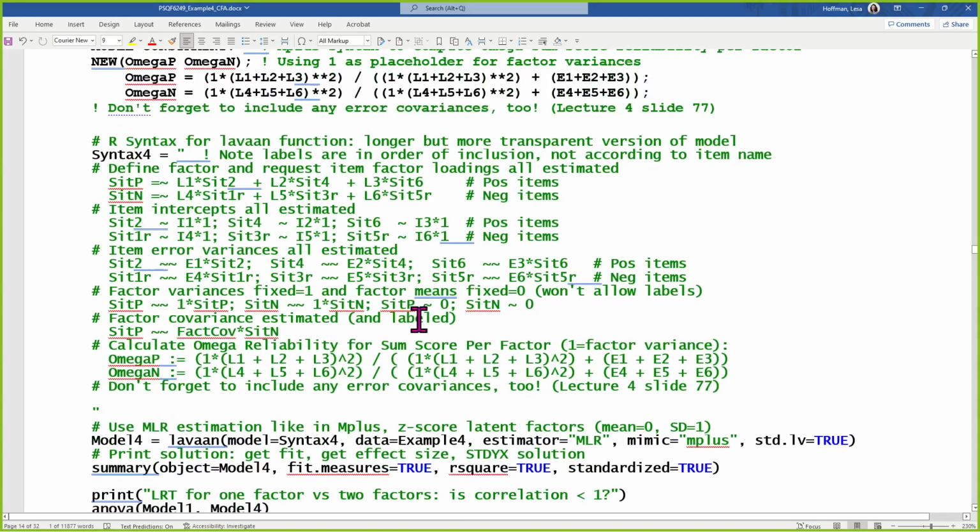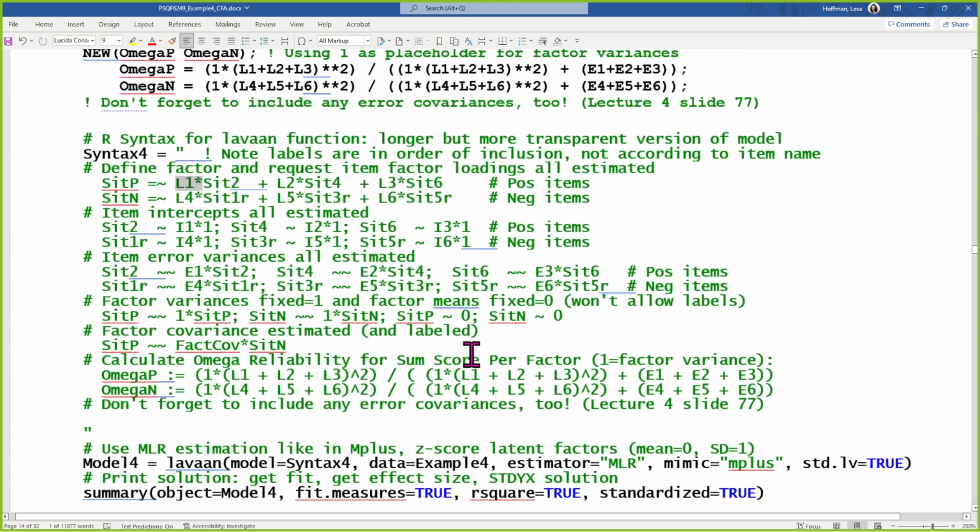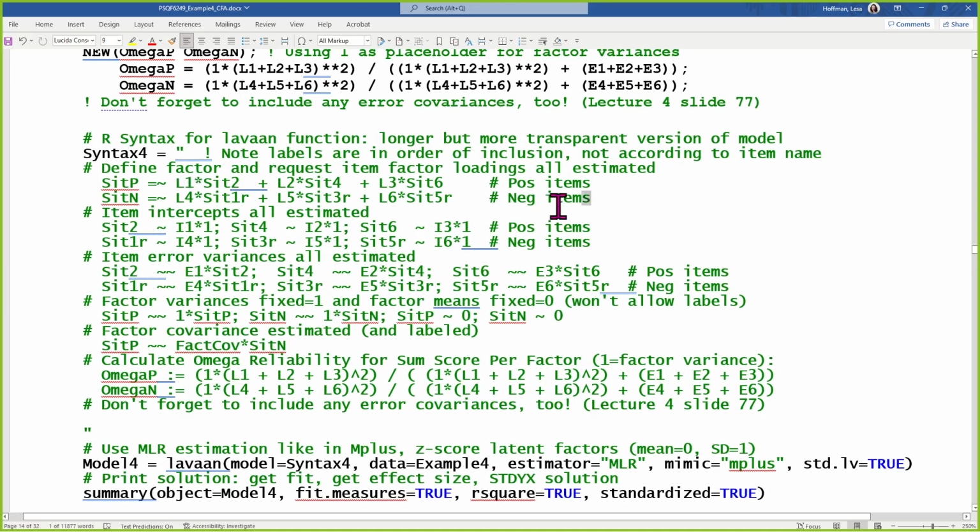So lavaan, folks, I have the same thing applied with the labels and then an asterisk in front of each of the parameters. That's how you add labels to lavaan. But otherwise, the model is exactly the same. So here are my two factors with their labels in front. Here are my intercepts, squiggle, label, star, 1.